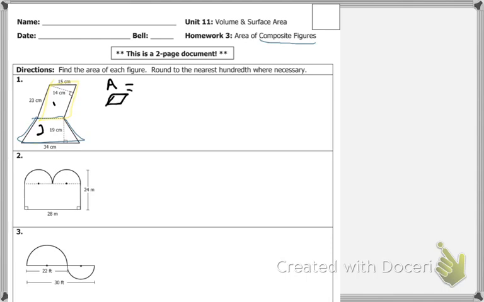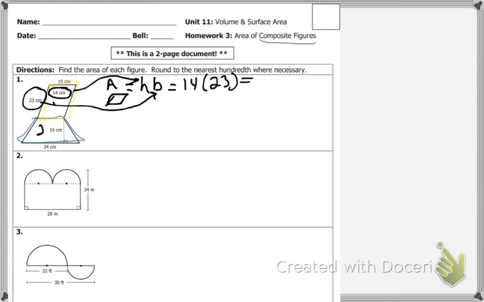We have the height times the base. Here's my height. Here is my base. So this becomes 14 times 23, which ends up being 322.